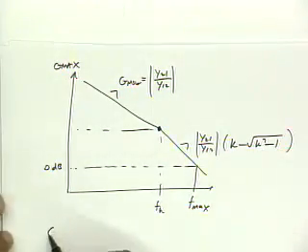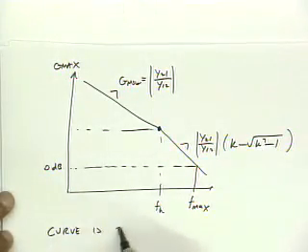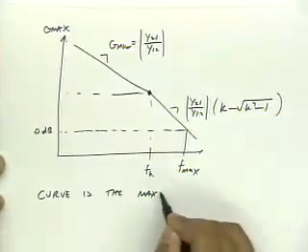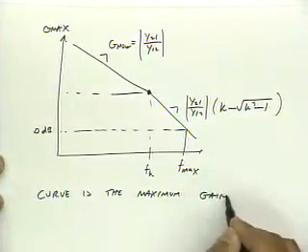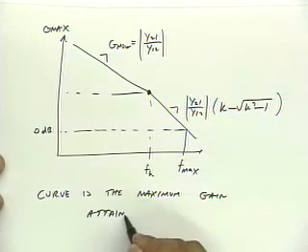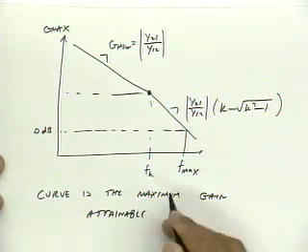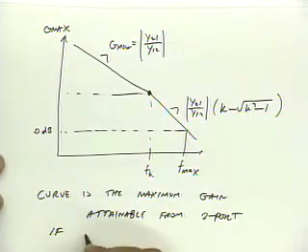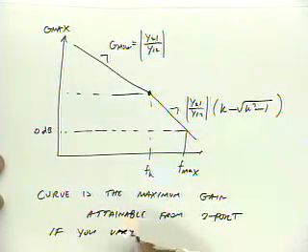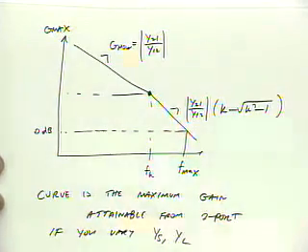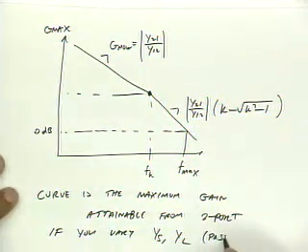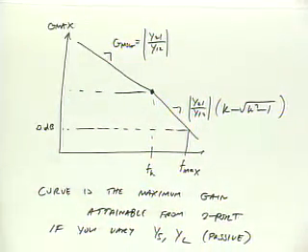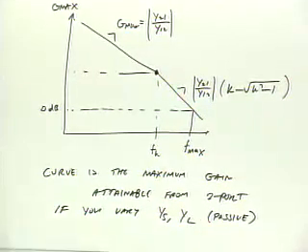So this curve is the maximum gain attainable from a two-port if you simply vary YS and YL. And of course they're passive. Okay?